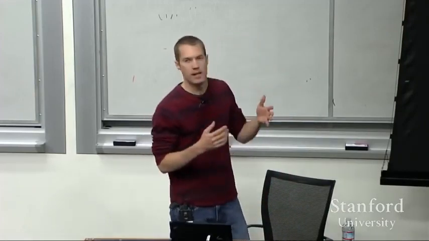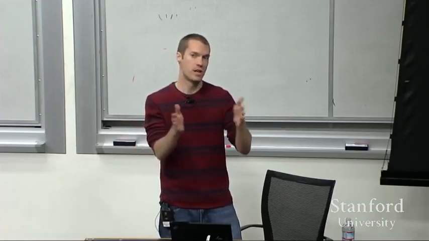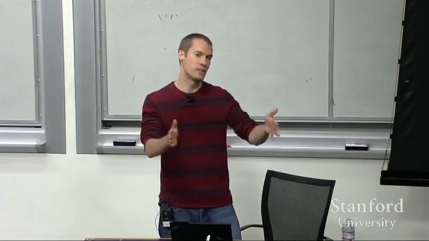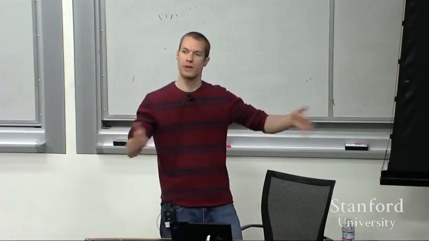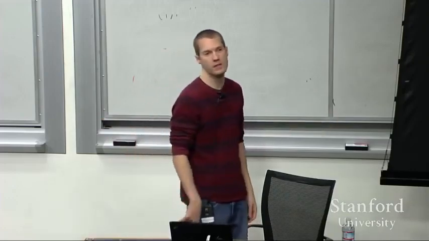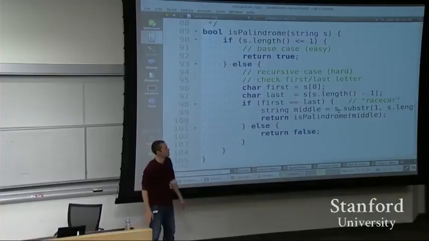You said telling whether a string is a palindrome, if we just did a little bit of the work ourselves by checking the start and the end character, then maybe we could use recursion to check whether the rest of it was a palindrome. And if the rest is a palindrome and the edges are the same, then the whole string must be a palindrome, right? So that's the relationship that we tried to capture in this code.